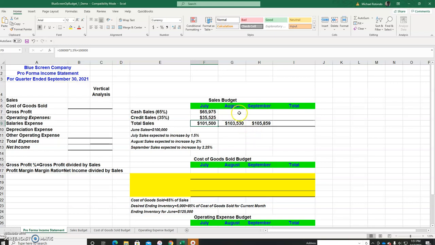We would do the same for August. We would take 103,530 times 65%, or 0.65. And then we would do the same for credit sales.